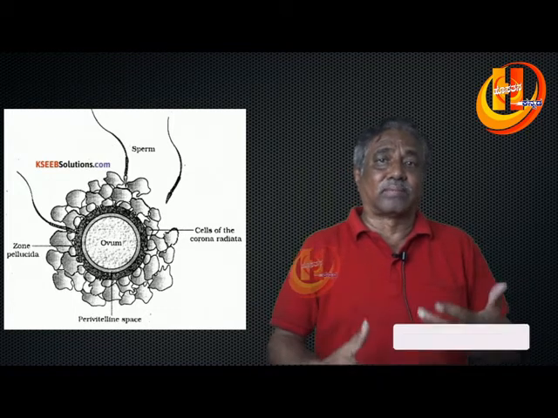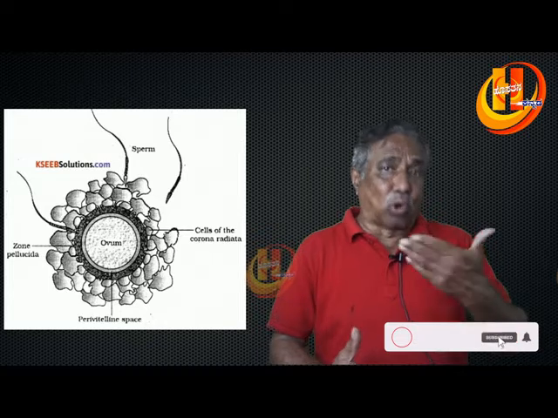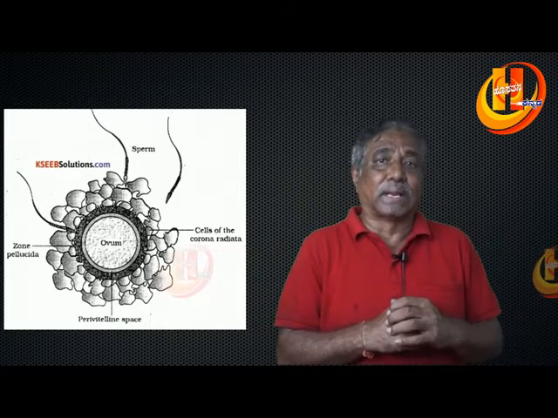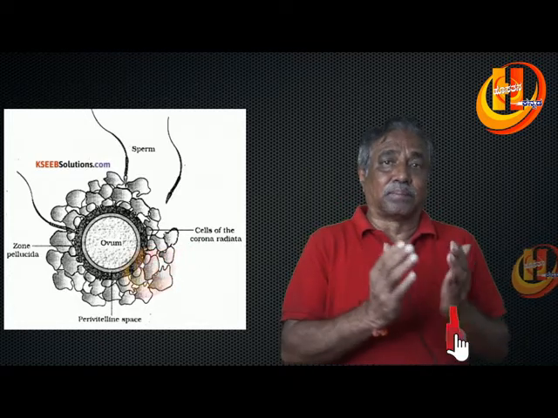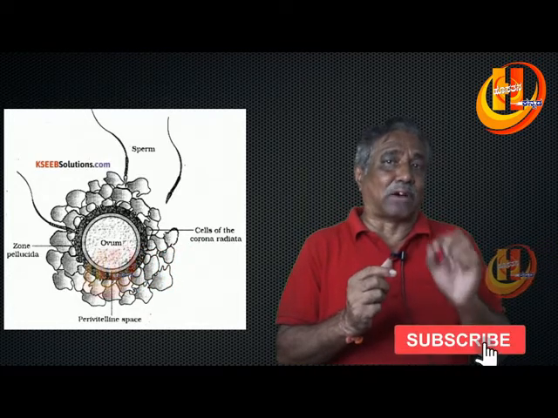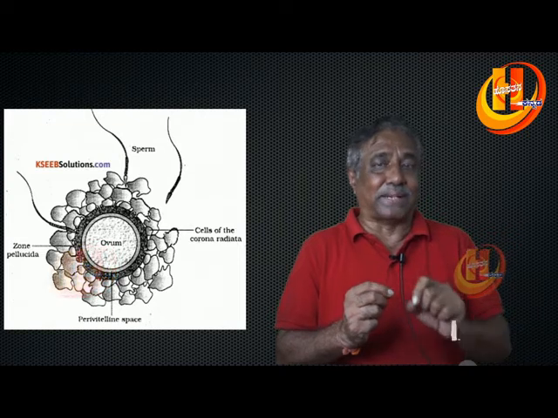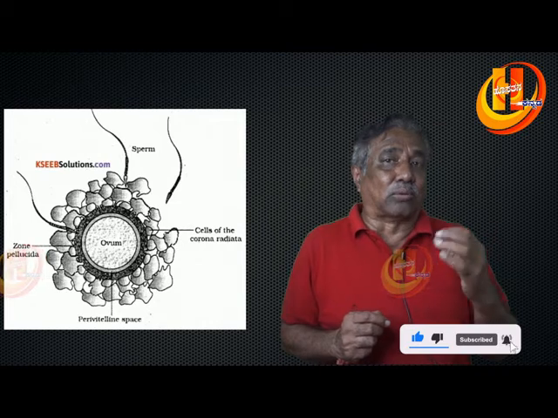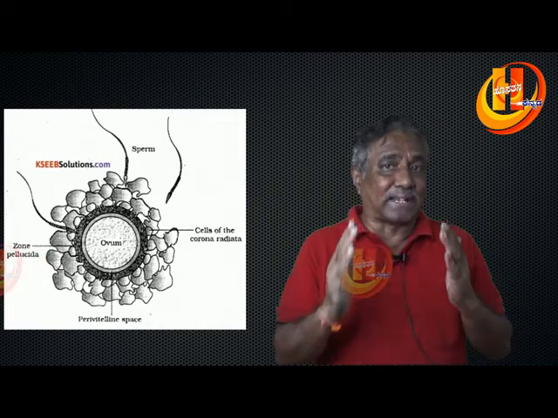The secondary oocyte develops into the ovum after the penetration of the sperm, and the male nucleus, that is the male gamete, fuses with the egg nucleus of the ovum, known as fertilization.